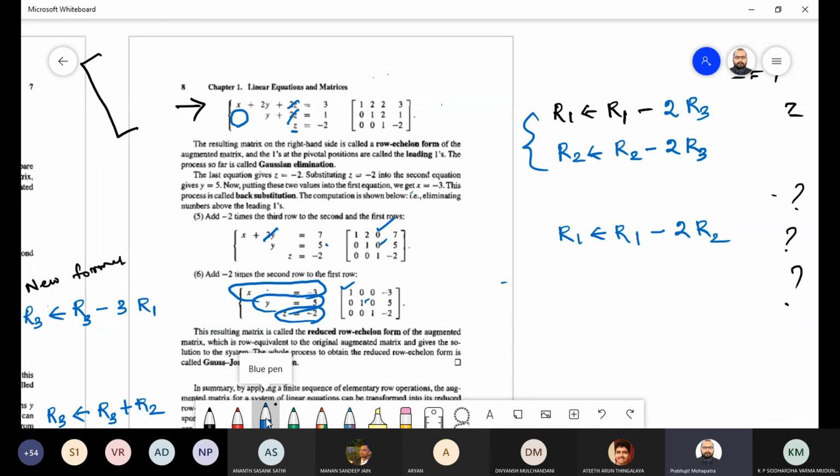If they ask for row reduced echelon form, then there is no need of back substitution. You just move forward and directly get the values of x, y, z. Both methods give the same answer. And the row reduced echelon form process is also called the Gauss-Jordan elimination method.